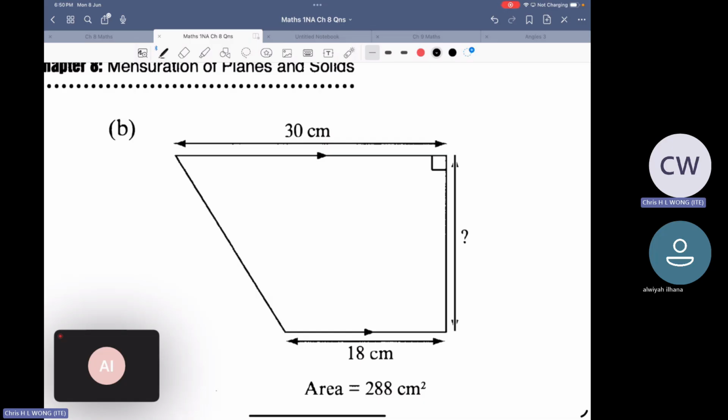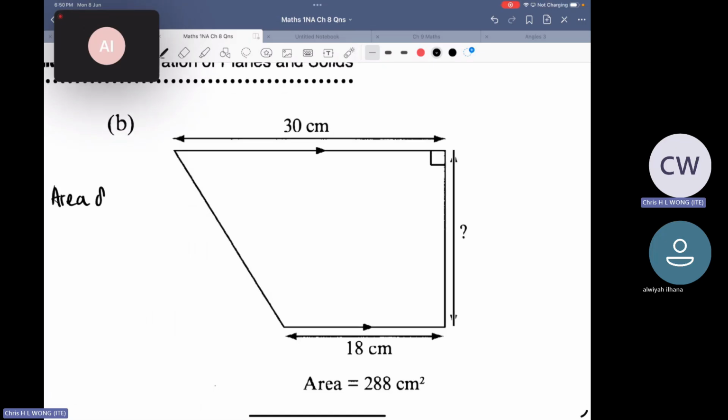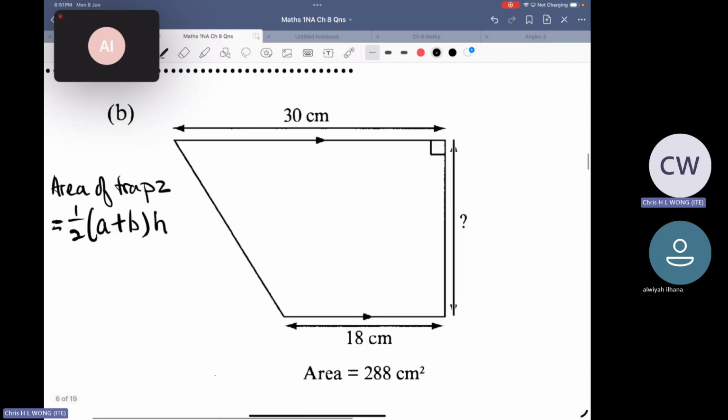So put down the formula for the trapezium first. Area of trapezium equals half times a plus b, can you remember, times the height, isn't it? This is the formula for the trapezium. But they have given you the area, so you're not supposed to find the area. You're supposed to find the height.